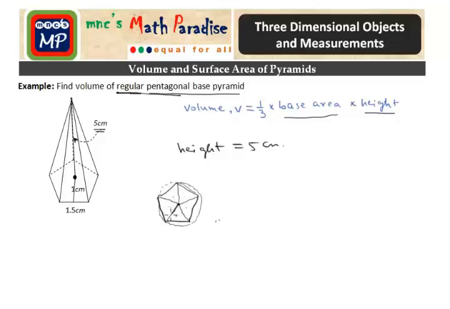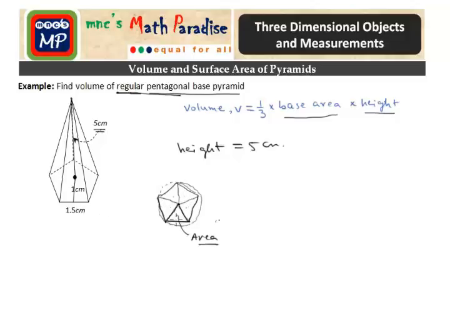So if we can calculate one of the triangles' area, then if we multiply by 5, we can get the whole pentagon's area.